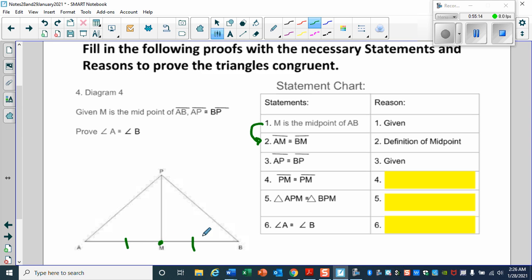It breaks them into two congruent line segments. So that's why if you have the midpoint, AM and BM will be congruent. That's a midpoint, automatic. We also said that AP, BP were congruent.